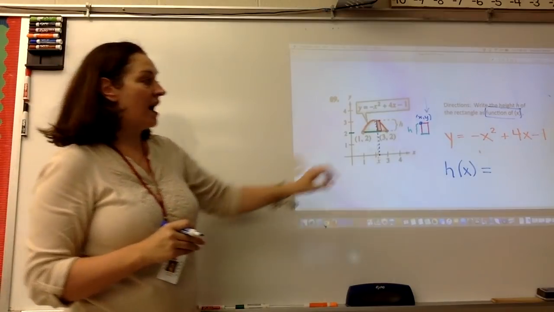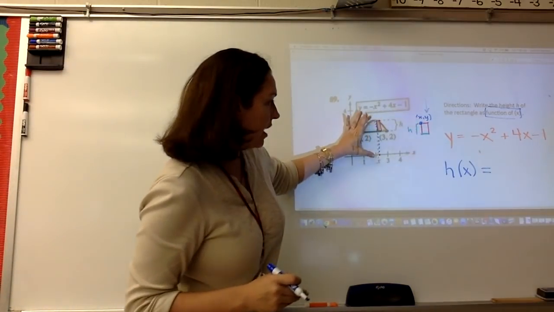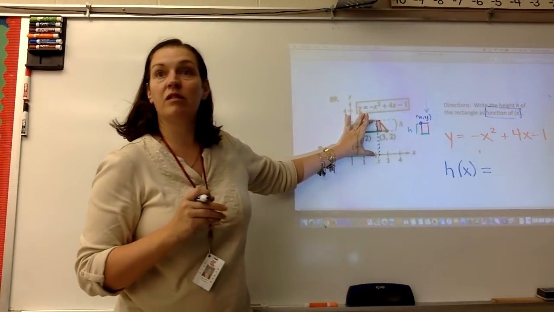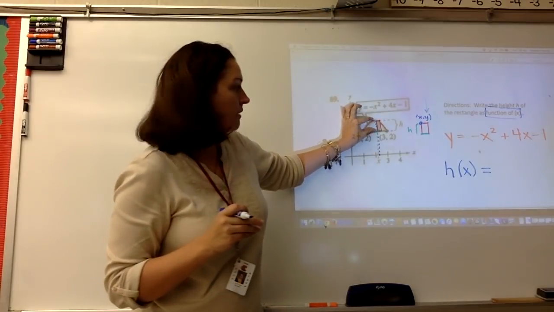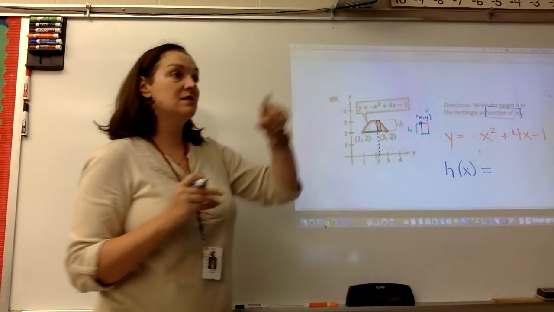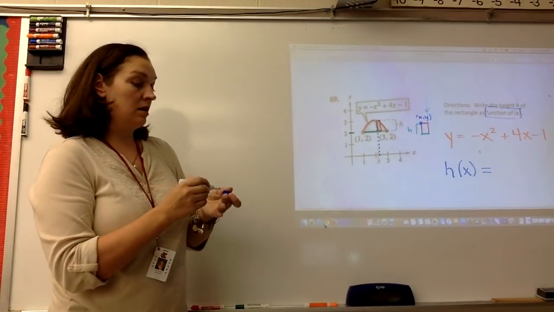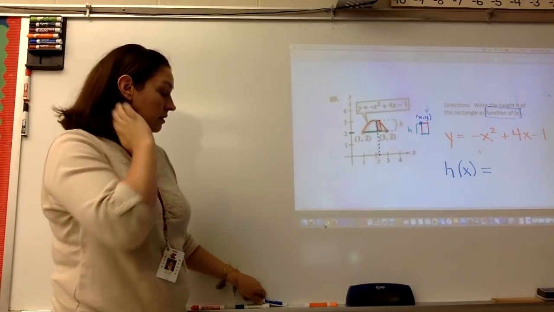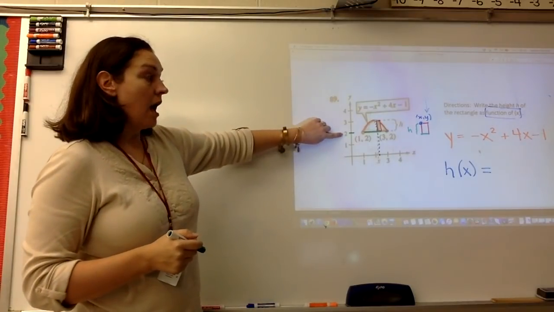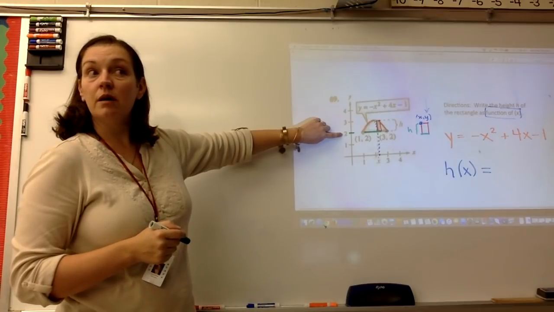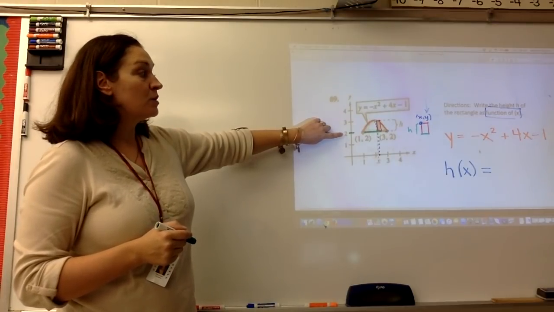How do I always find the red piece if I always know the dotted length? How do you find the red if I know the dotted length? Subtract out 2. So here's what I'm saying with that.